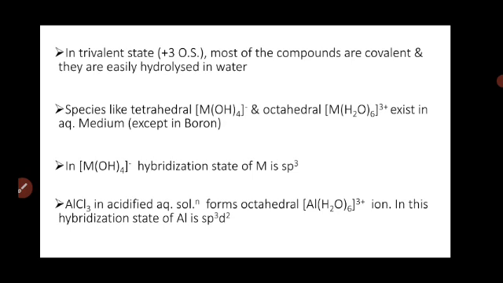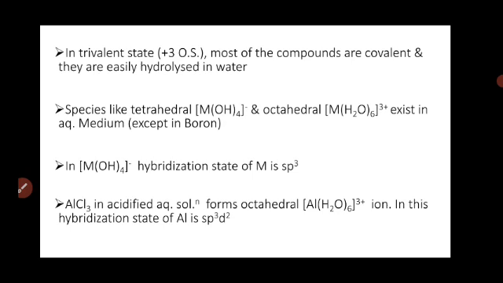Okay. Now here also the exception is boron. Boron only forms M(OH)4, that is B(OH)4, okay, boron tetrahydroxido or tetrahydroxy. But boron cannot form M(H2O)6, that is B(H2O)6.